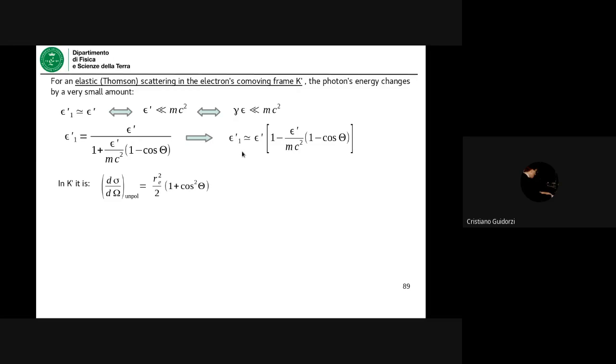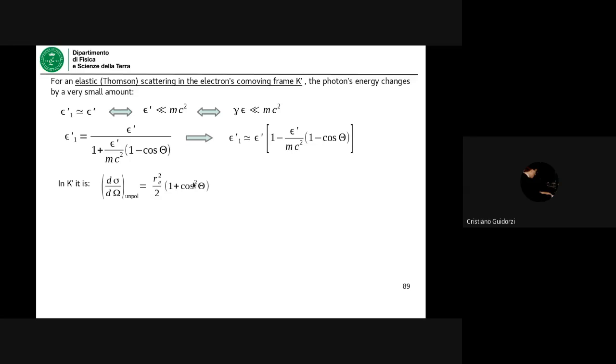And you know everything about Thomson scattering. So in particular, you know that the differential cross-section of Thomson scattering has this kind of peanut-shaped pattern, you remember, 1 plus cos squared theta.